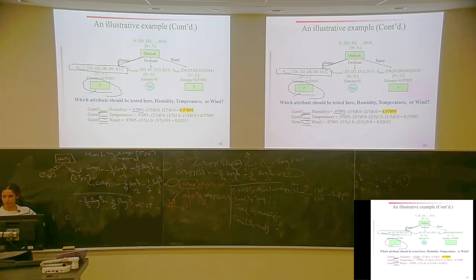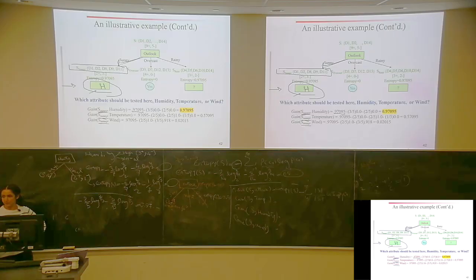So please remember not to put the entropy of the original set here. Your original set in the next level, which we are at here, is S sunny, right? Because you started from here. So you have to put entropy of S sunny here. And then you see, okay, if you are selecting humidity here, what would be the entropy of humidity, for example, high and normal, based on this branch?